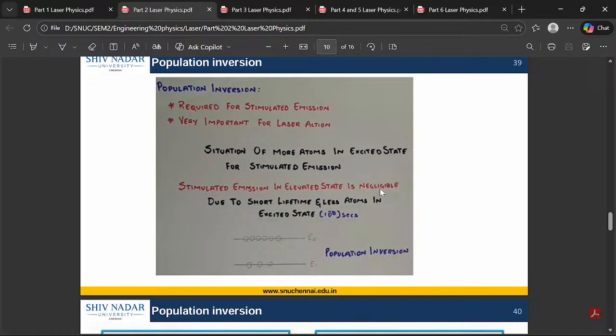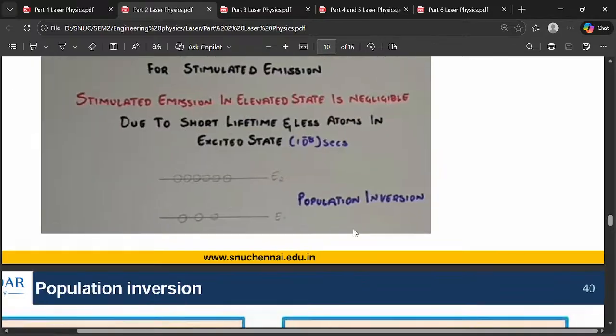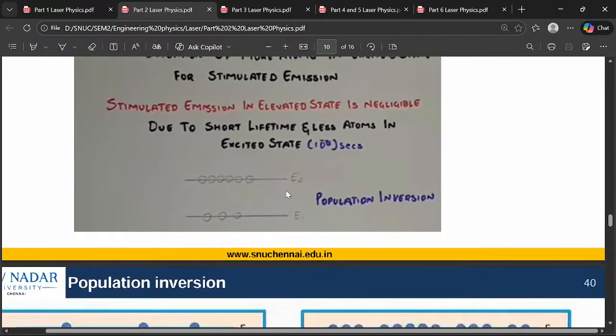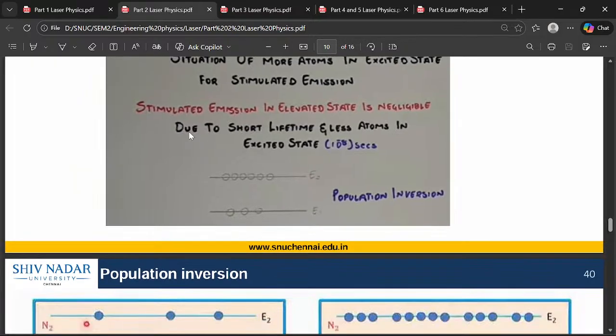As you can interpret from the name, population inversion is when there are more electrons in the excited state than in the ground state. As you can see here, E2 has a higher number of electrons than E1.